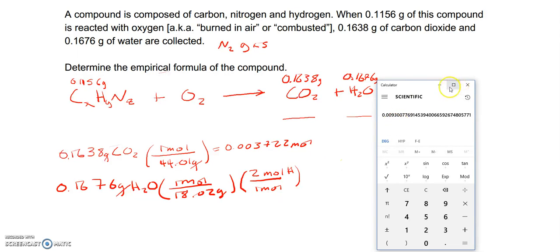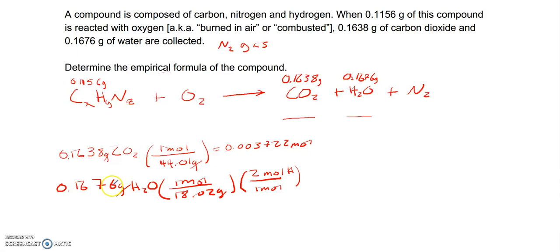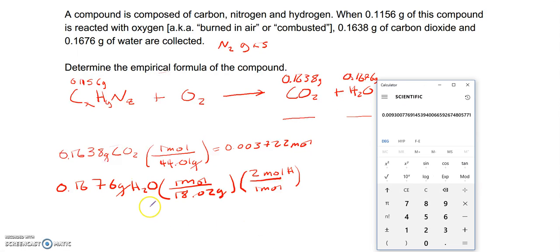So we've just got to multiply the number here by 2, right? So it's this divided by this times 2. Equals 0.0186. There should be a 0 here.